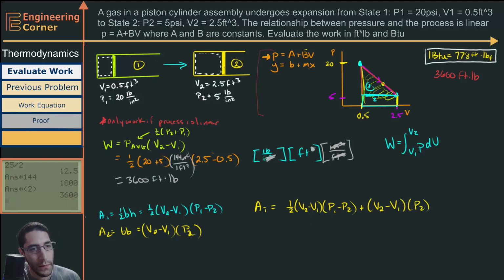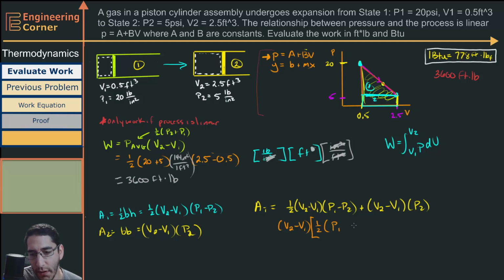What can we do? We can take a V2 minus V1 out, so we have V2 minus V1 times 1/2 of P1 minus P2, plus P2. Simplifying, we have 1/2 P1 minus 1/2 P2 plus P2.